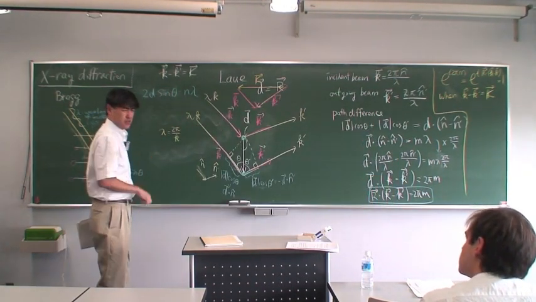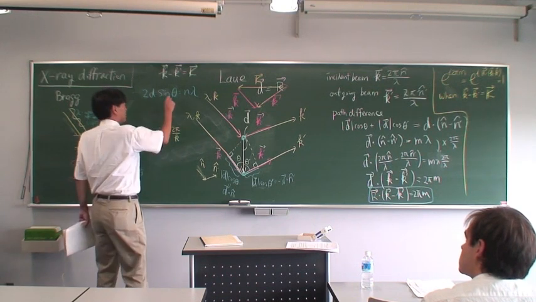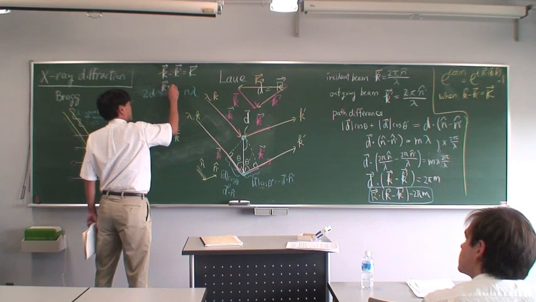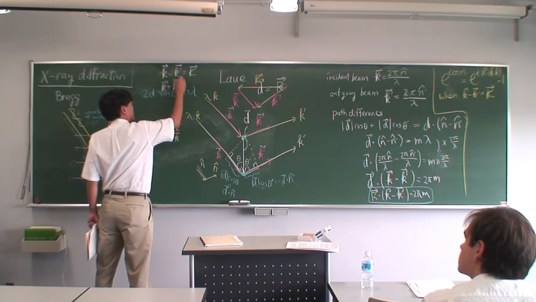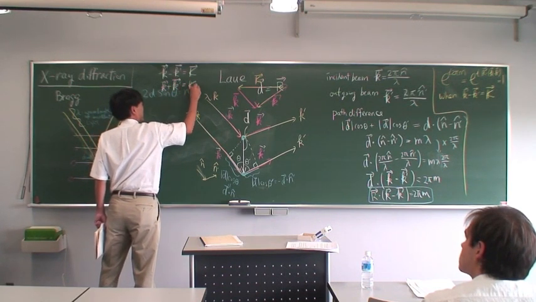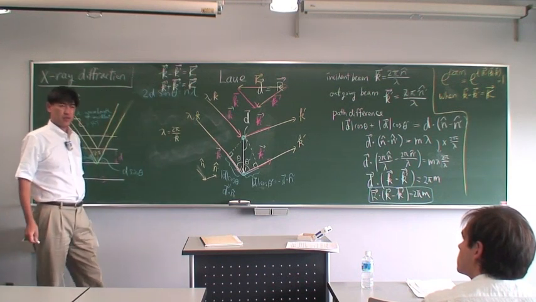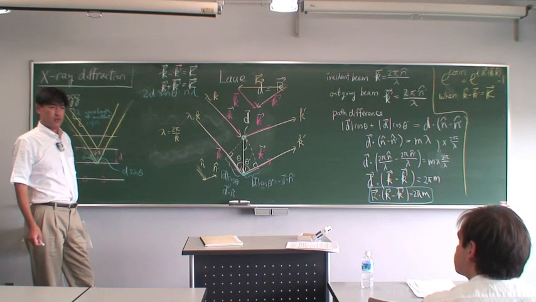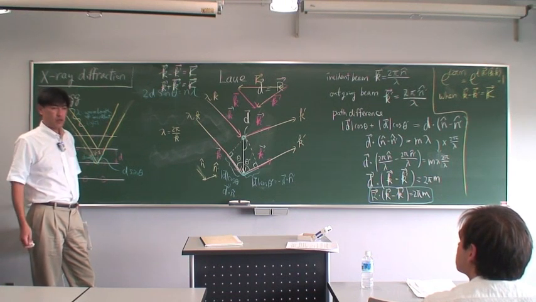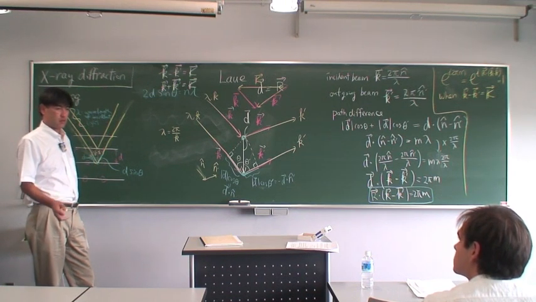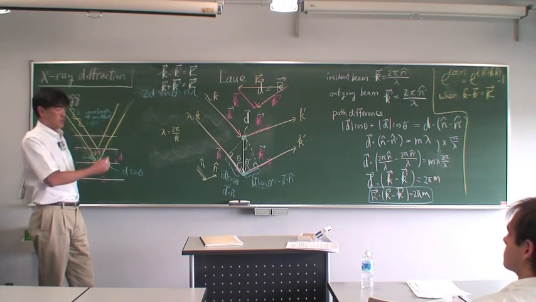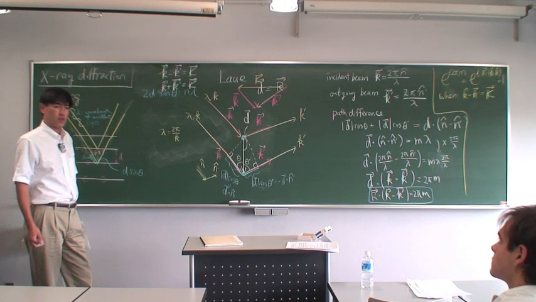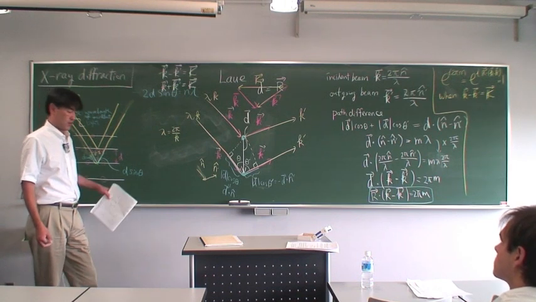You can rewrite this in any way you like. For example, it is easy to show that k plus k prime is also a condition to find constructive interference.